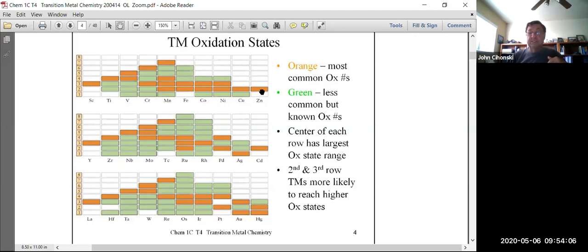If we look at zinc, the most common state is +2. What have we taken out? The 2 s electrons. And one way to think of it is we're leaving the 10 d electrons because they're a filled shell. You have to add extra energy then to peel out an electron from a filled shell.